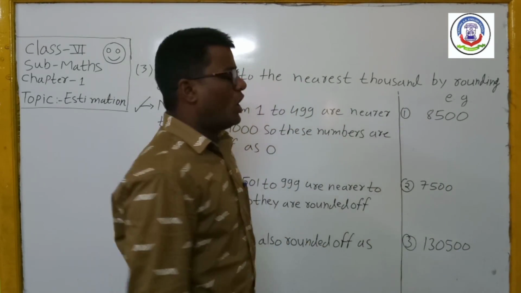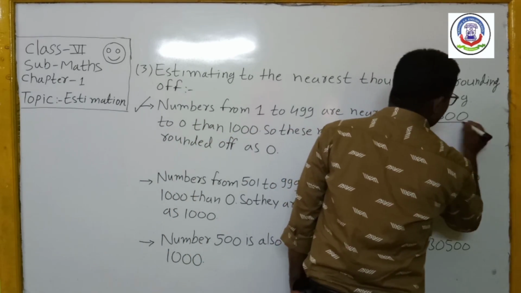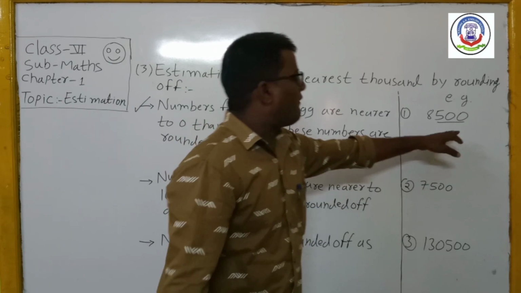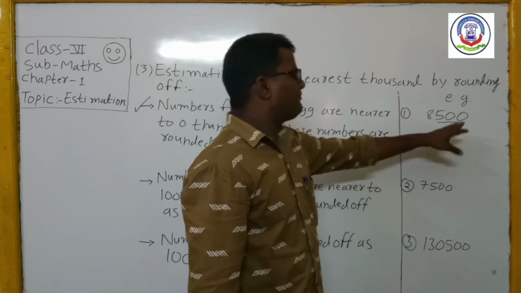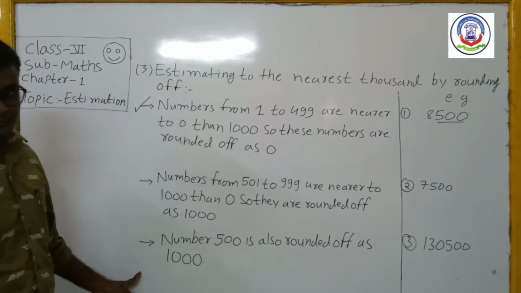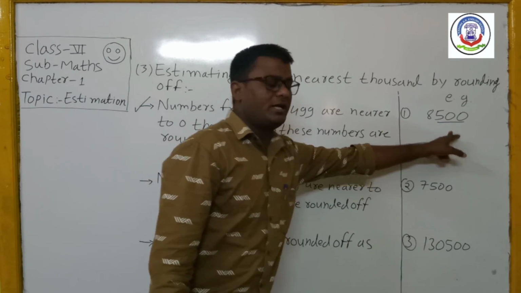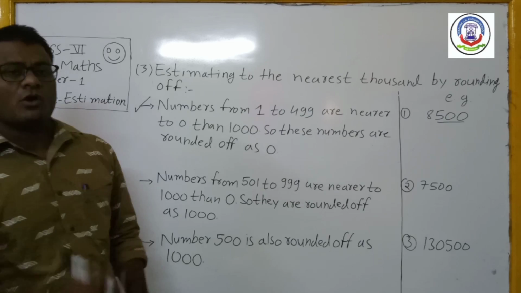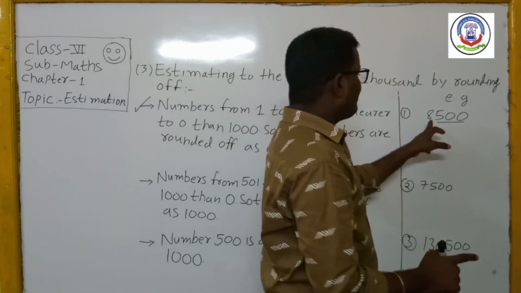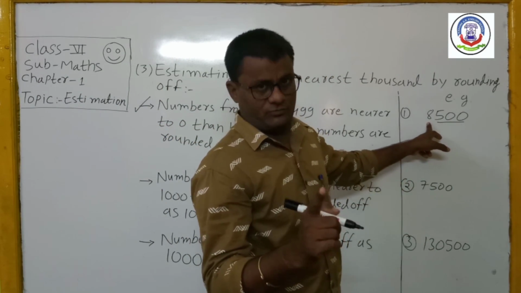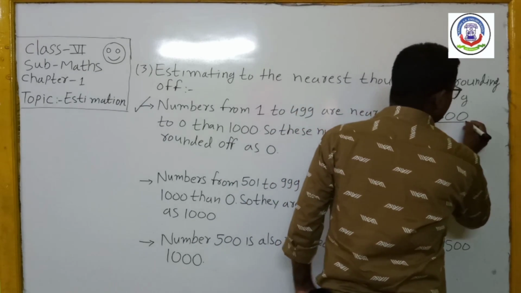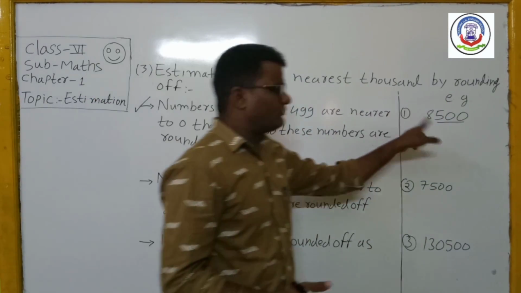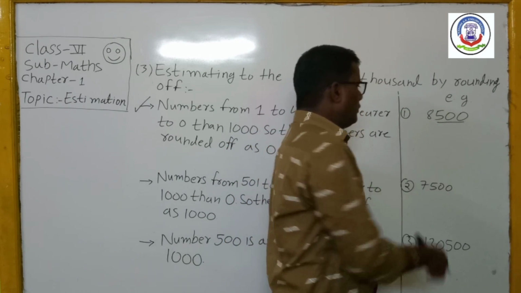Now same thing, observe 3 digits from right to left side. Here 500 is given. Now according to this point, this 500 is also rounded off as 1000, means 1 is added to the 1000 place digit.